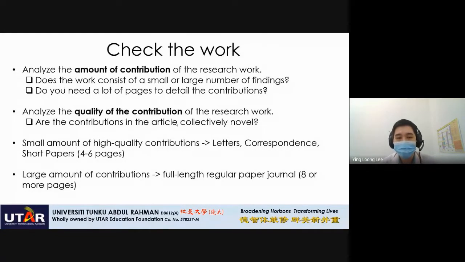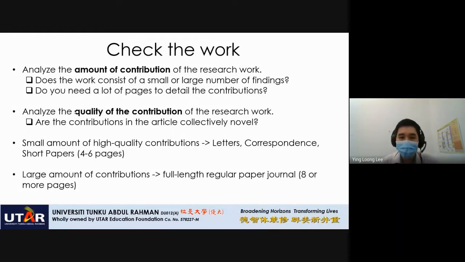And then, do we need a lot of pages to write up the work that I have done? I will also need to analyze the quality of the contribution. Is it a small contribution, but a very high quality one, very novel, very new, very innovative? And I also need to check if the contribution is large, right?